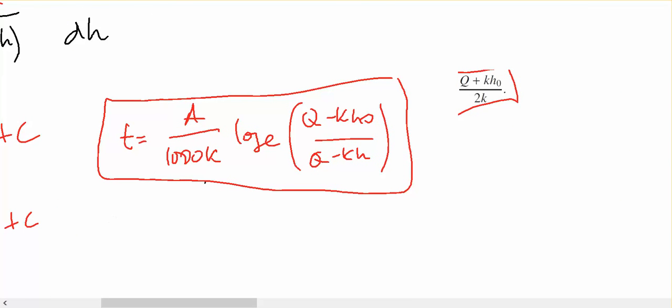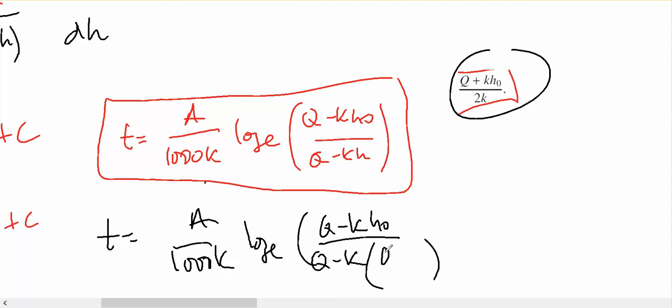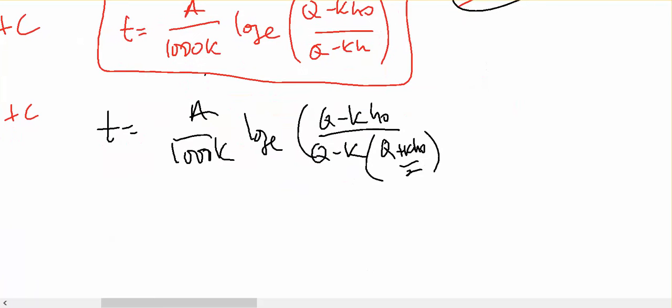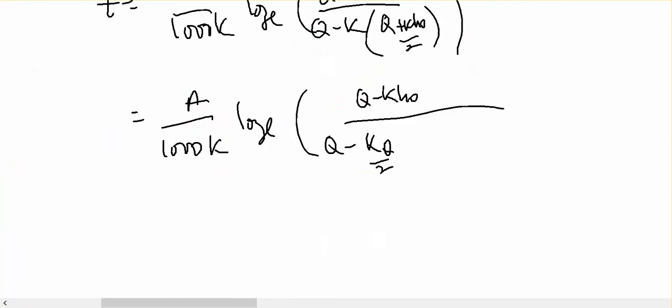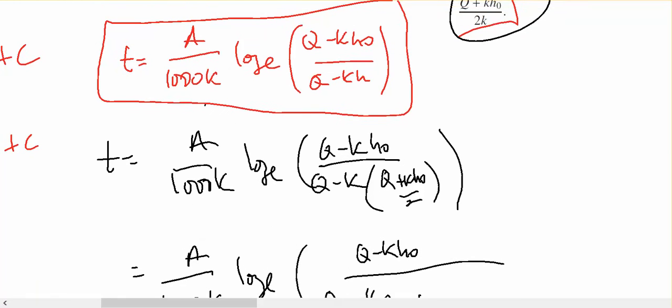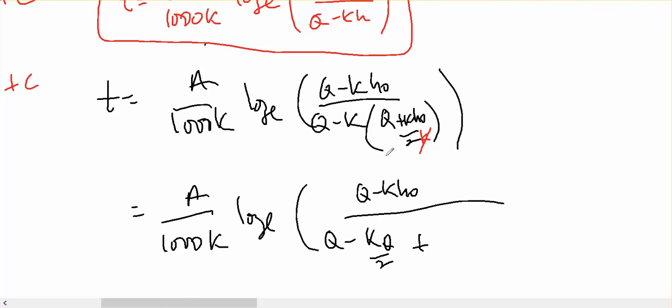to find the time, I'm going to leave T equals A on top of 1000k log base e of Q minus kH0 over Q minus k times Q plus kH0 on 2, equals A on 1000k log base e of Q minus kH0 on top of Q minus kQ on 2 plus, that's 2k, which means that k is going to cancel with that k there.